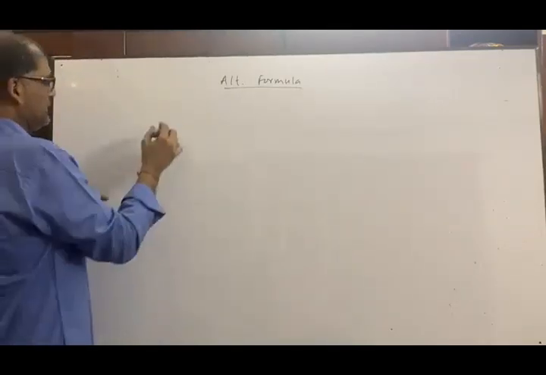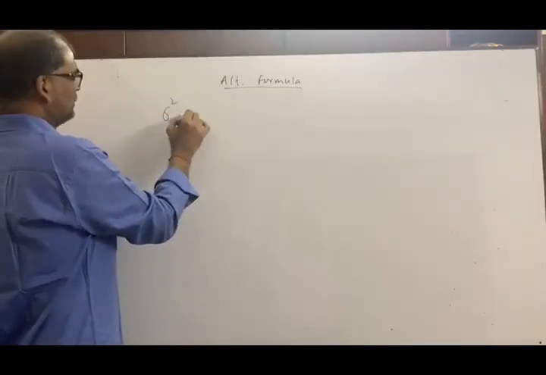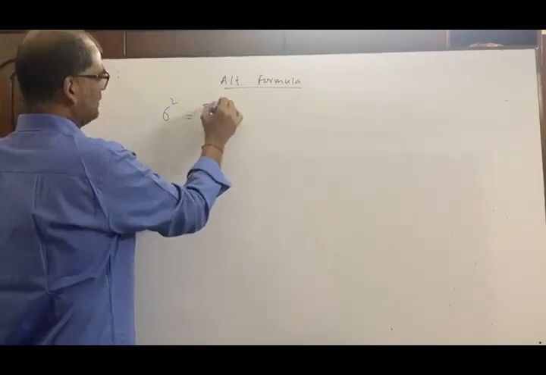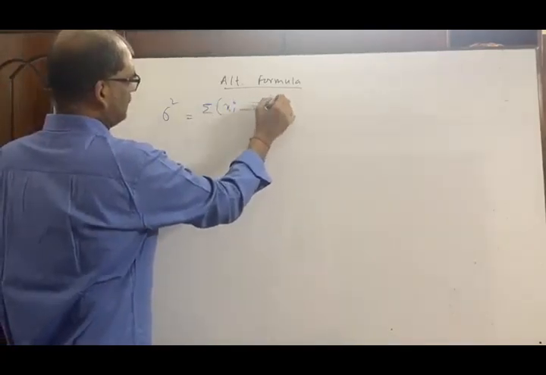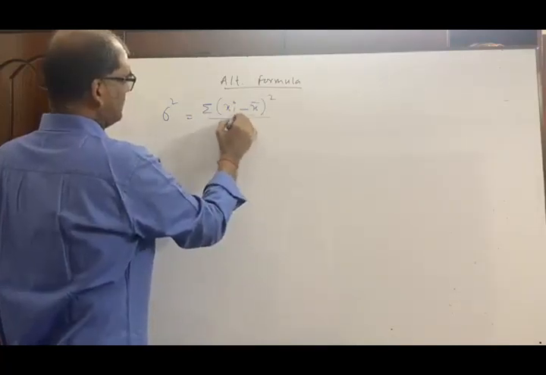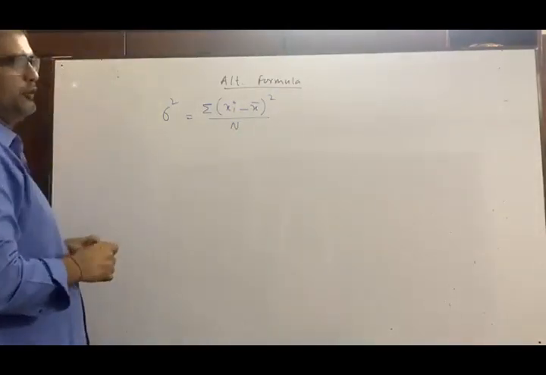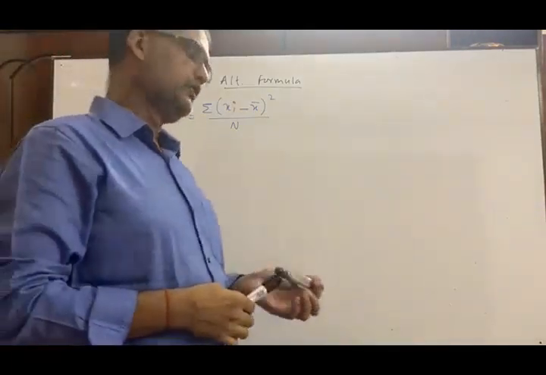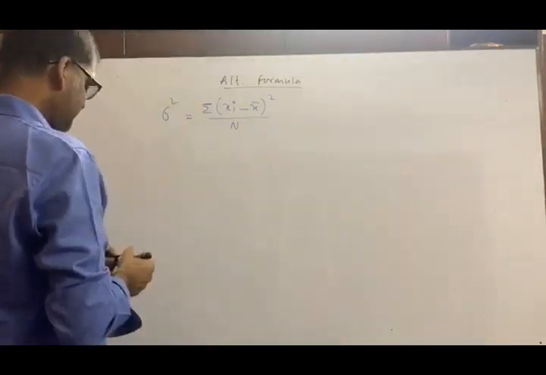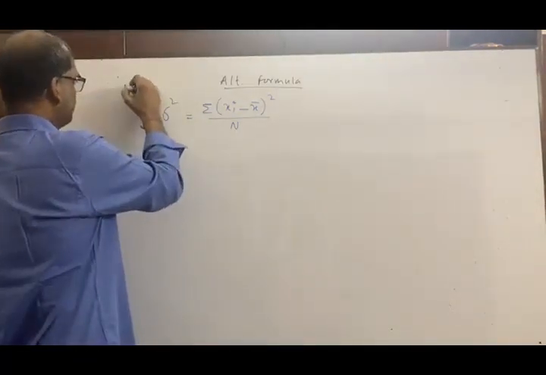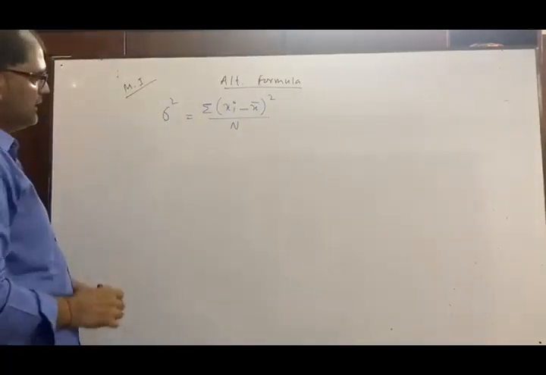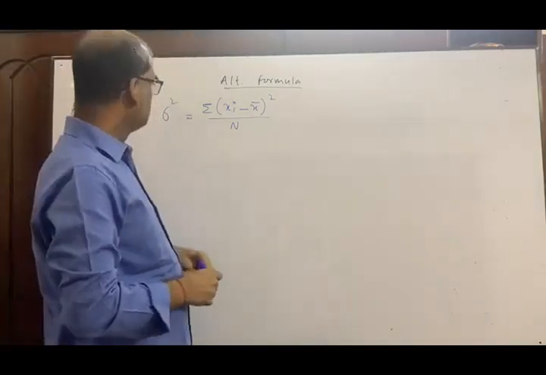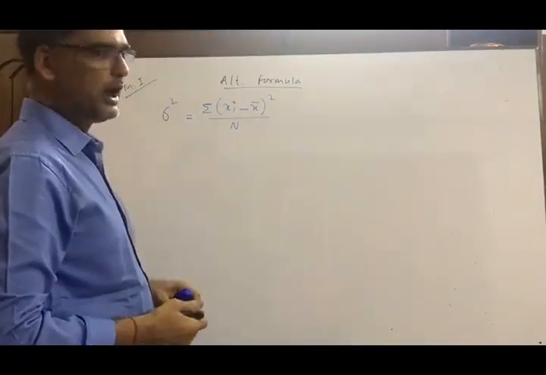Write down sigma square is equal to summation xi minus x bar whole square by n. Or else we know it, right? Yes, we know it. Now, most important. It is the most important part. Sigma square is equal to, this is the formula.